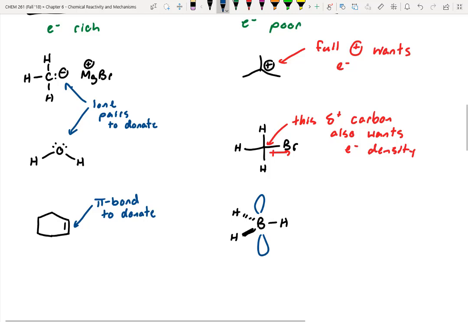And it's empty. So this empty p orbital also wants electrons. So in general, we'll classify a lot of our reagents as nucleophiles or electrophiles.